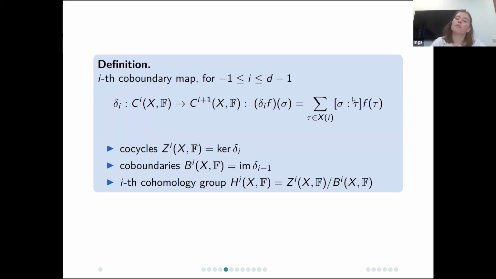So in particular, we'll only sum over all taus that are actually contained in sigma here. And you can try to think back: if i is 0, so we're going from 0 to 1-dimensional things, this is exactly the delta that we had before for the graph case.